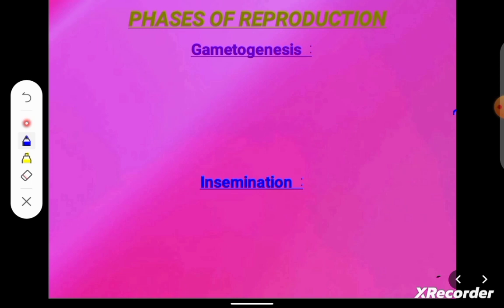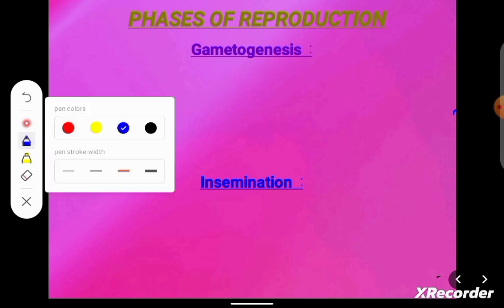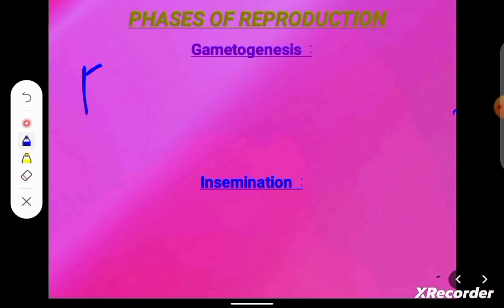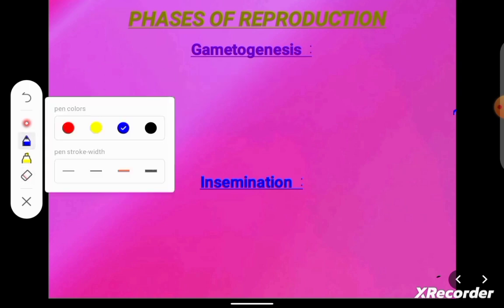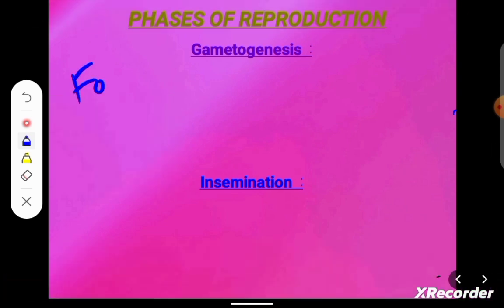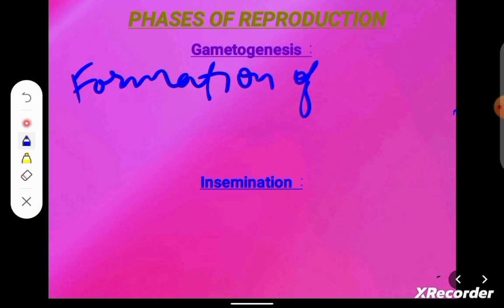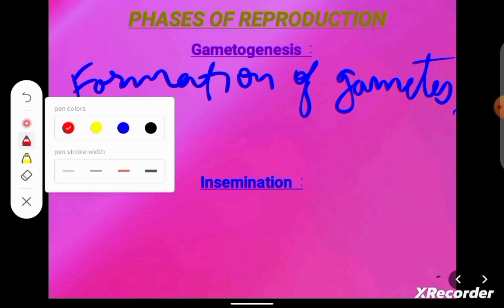The simplest definition of it is the formation of gametes, and it is of two types.